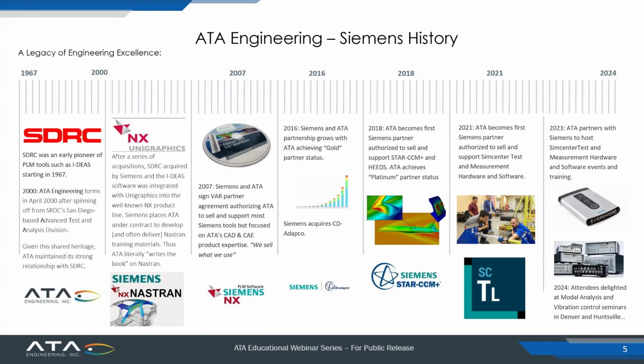In 2000, we spun off from SDRC and became ATA Engineering, continuing to focus on delivering high-value engineering services and testing support to our customers. After a series of acquisitions, SDRC was eventually acquired by Siemens, and the popular I-DEAS software was integrated with Unigraphics and later became the well-known NX product line.